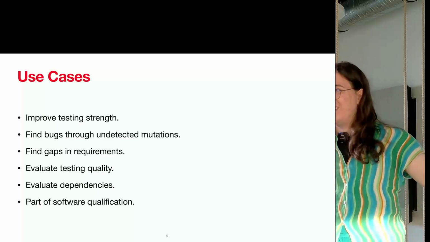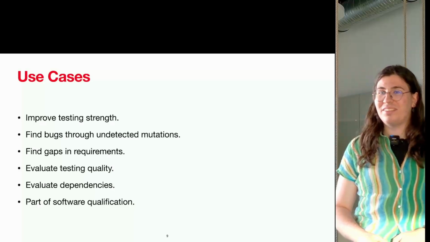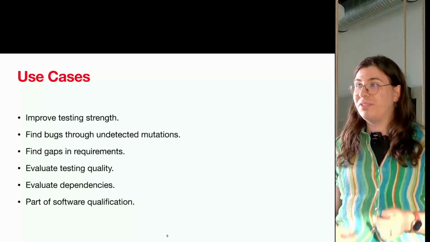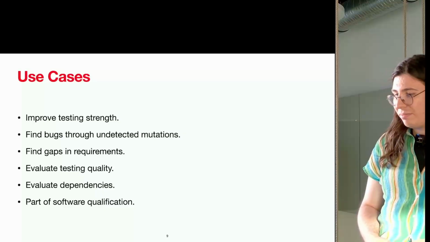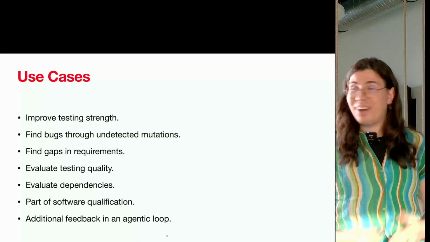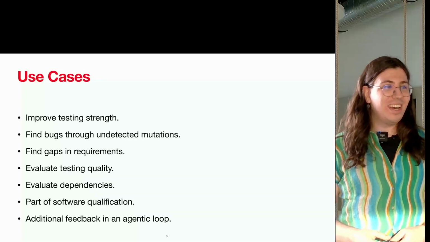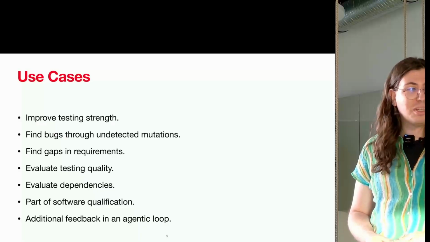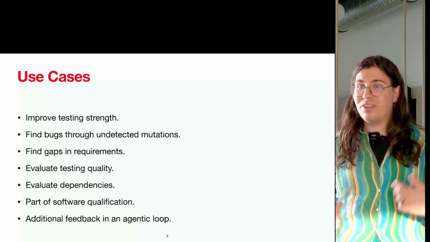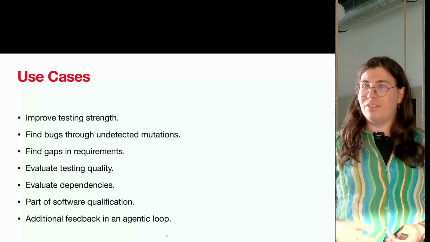And again, as I mentioned before, mutation testing can in fact be used as part of some software qualification processes, which is very important. And on the theme of today's session, you can also use mutation testing in an agentic loop, as additional feedback in some kind of loop.